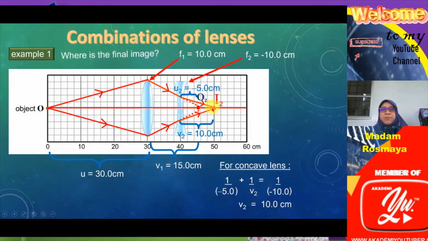I2 is the image formed after passing through both the convex lens and the concave lens. So this is the answer: the final image is 10 cm from the concave lens.